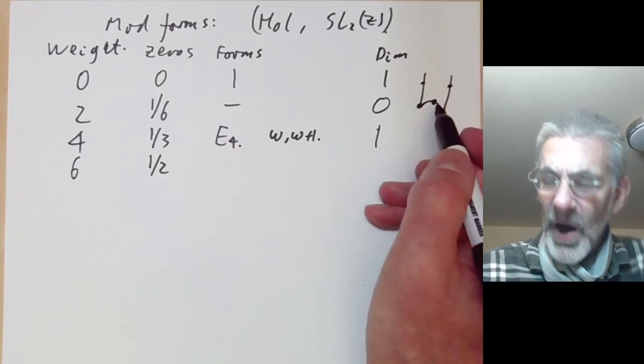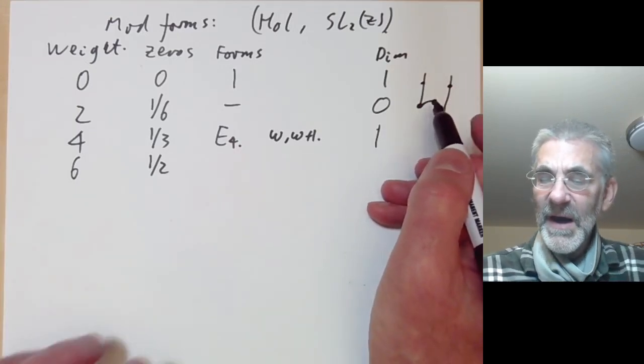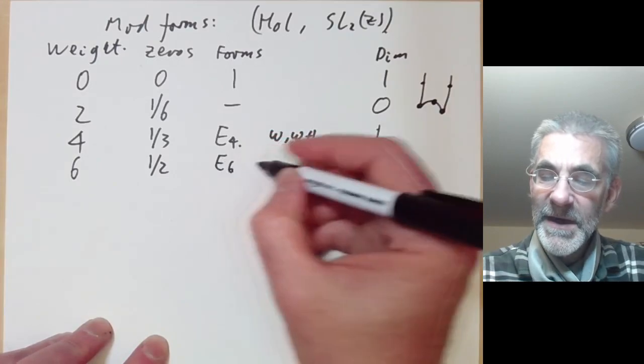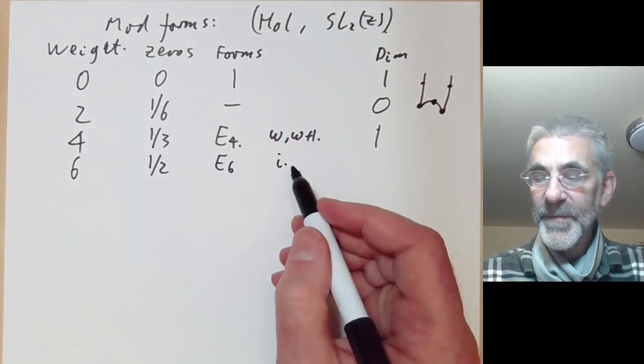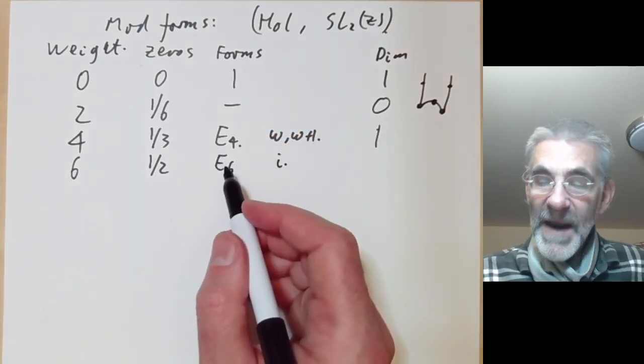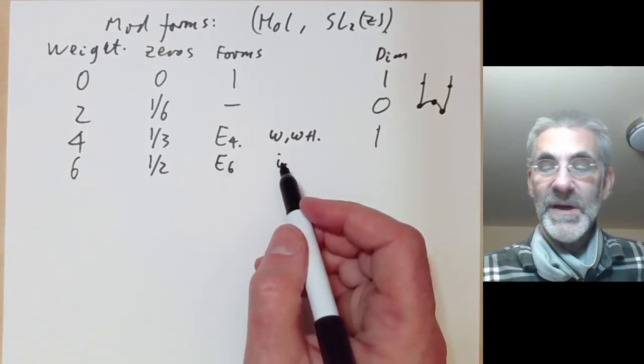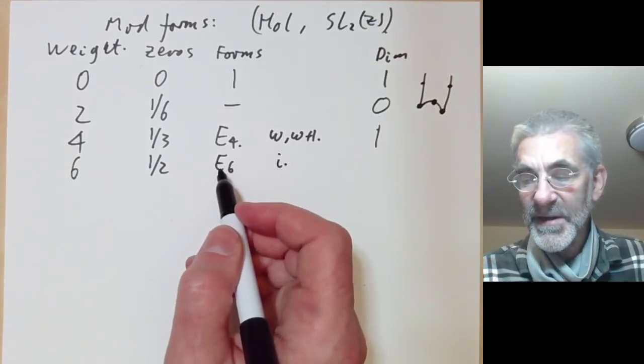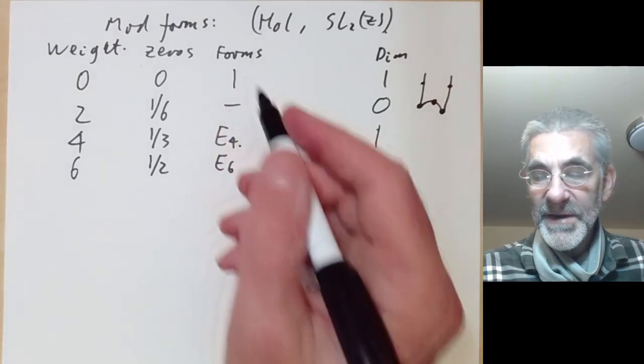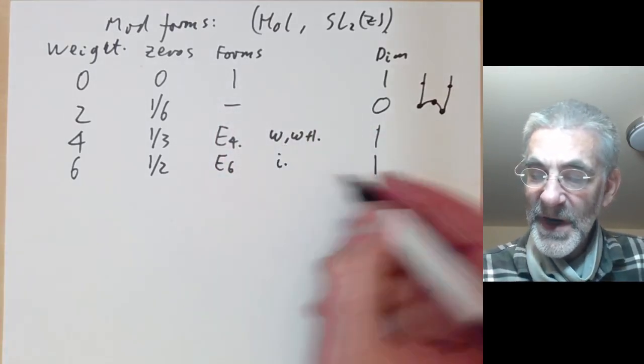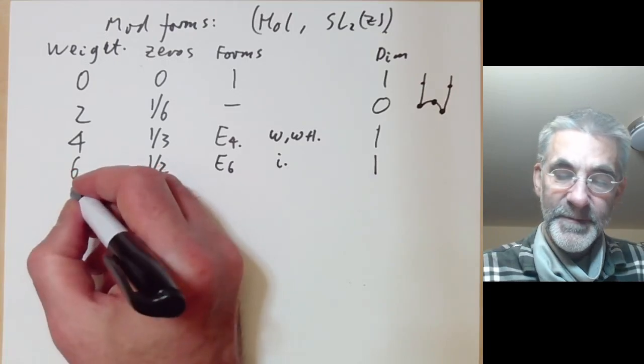So the only way you can get half a zero is by having a zero at i. So E6 must have a zero at i. And similarly, any other modular form of weight 6 also has a zero at i, so you can divide it by E6 and get a form of weight 0. So the space of forms of weight 6 is one-dimensional.